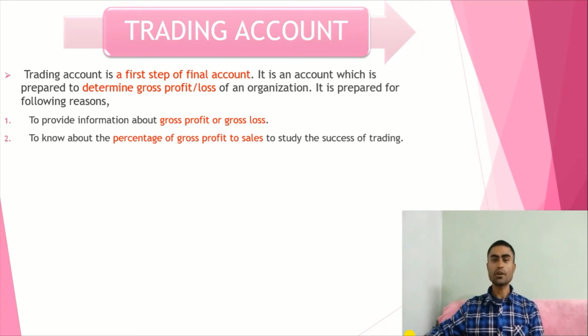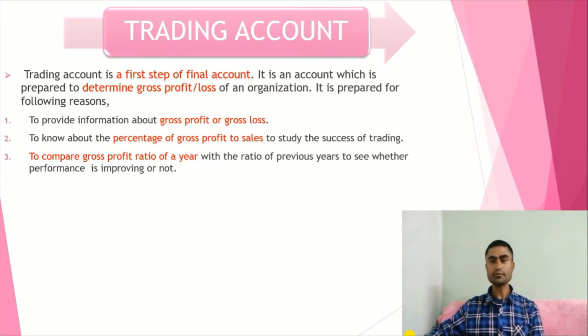That means to compare the gross profit with the previous year's gross profit, it should be prepared. Similarly, for the ratio of profit to sales, it should be prepared. Next, to compare the gross profit ratio of a year with the ratio of the previous year to see whether the performance is improving or not. If the gross profit is higher than the previous year, obviously there is an improvement.